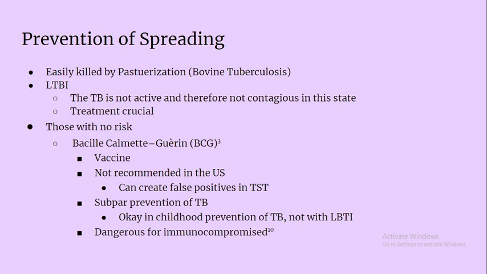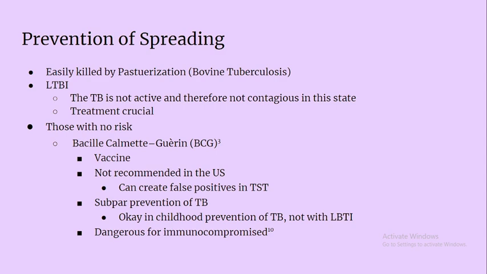Okay, and so prevention of spreading. This doesn't really necessarily apply, but there's a certain tuberculosis, bovine tuberculosis, that is easily killed by pasteurization, despite tuberculosis being really hard, not really susceptible to strong acids or alkalis and detergents and stuff like that.